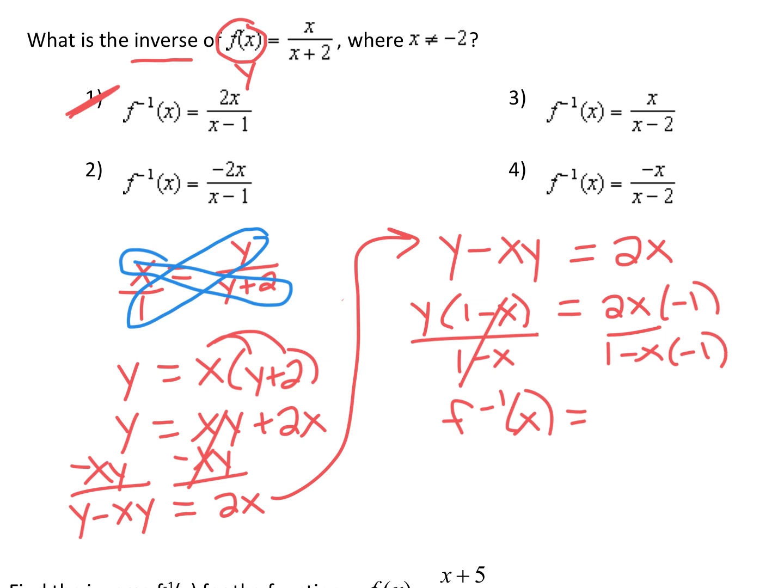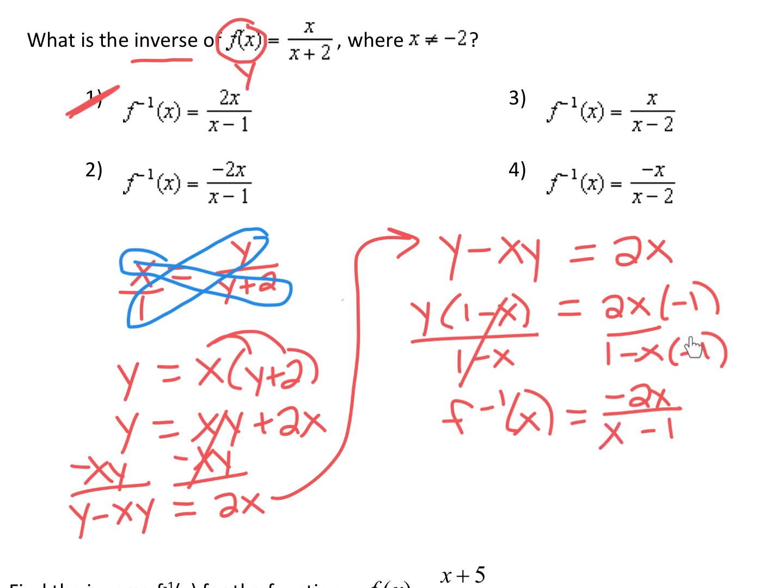Then what's going to happen is 2x times negative 1 would be negative 2x. And I'm going to reverse the order of this to match this. Negative 1 times 1 would be negative 1, if I'm distributing. And then negative 1 times negative x would be a positive x, which I'm going to put in front of it.